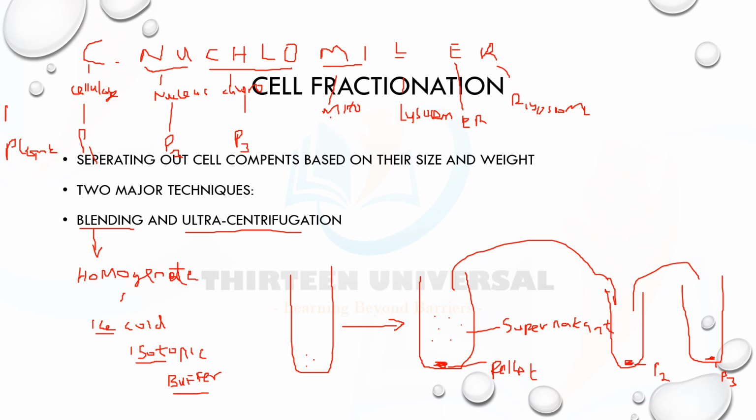Pellet 4 is mitochondria, which is responsible for aerobic respiration. Pellet 5 is lysosome, which digests organelles. Pellet 6 is endoplasmic reticulum, that's P6. And pellet 7 is ribosome, P7.